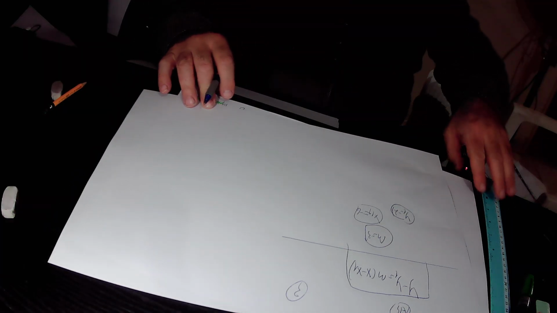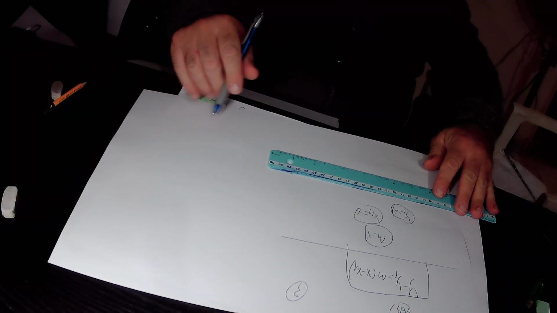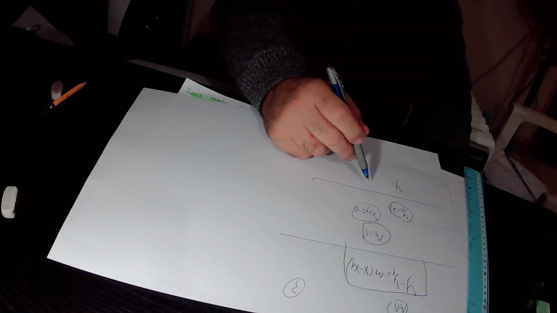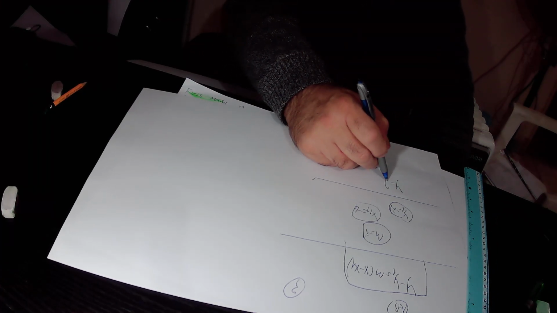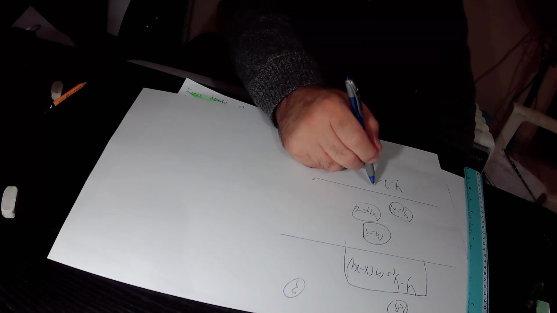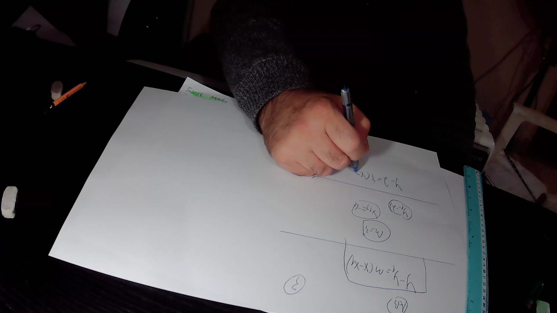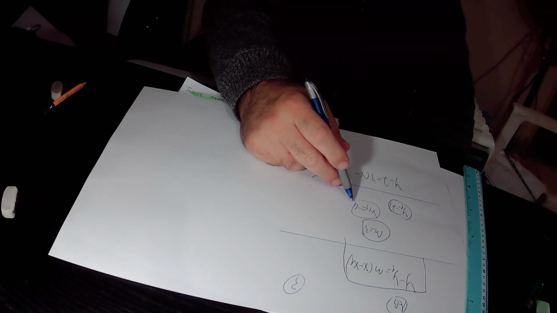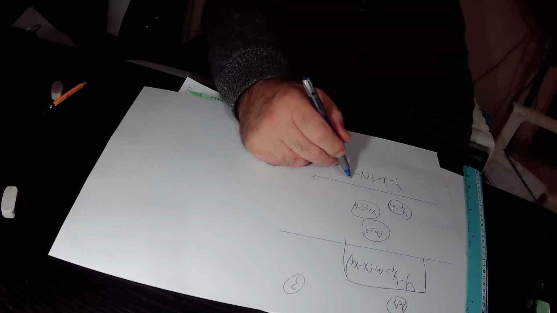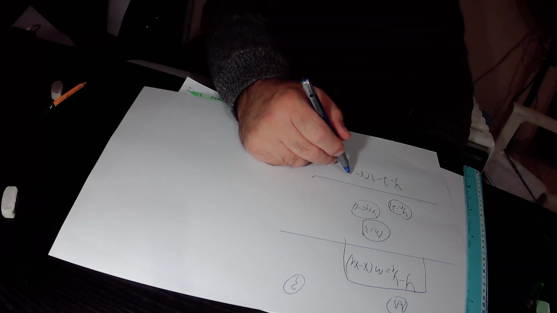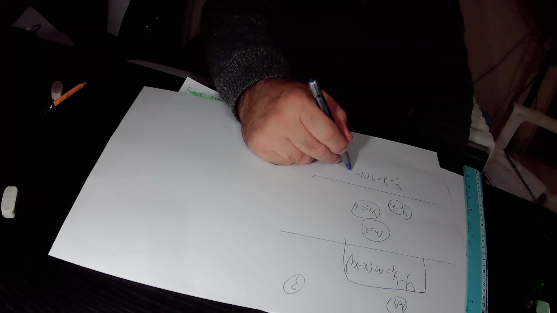So we have here y minus y1, y1 is 2, equals m, which is 3, and inside the brackets we have x minus x1. x1 is minus 6, and therefore x minus x1 equals x plus 6.